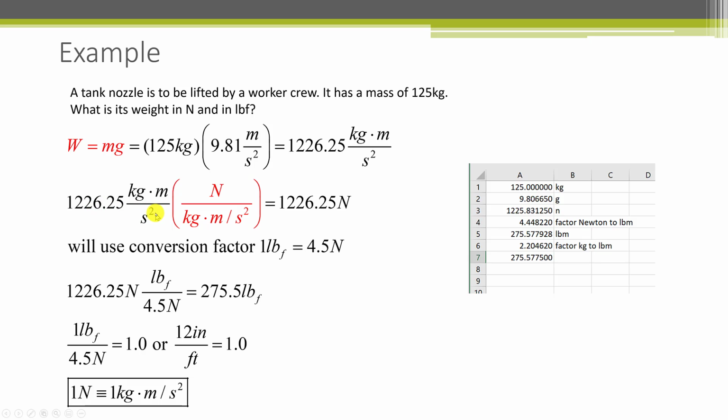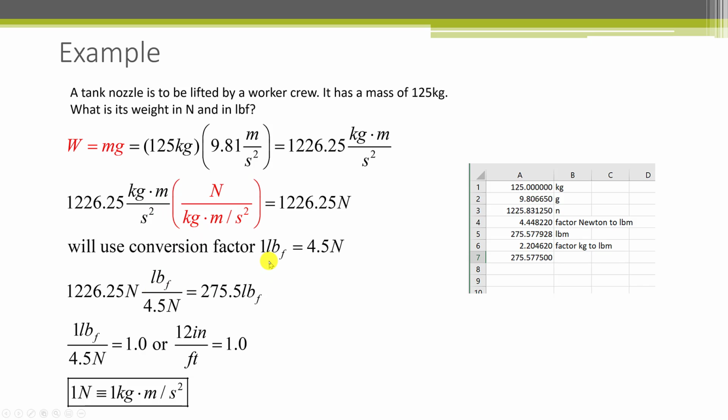This is to be converted to newtons, so we would take that conversion factor of newtons per kilogram meter per second squared, and you'll end up with newtons. Again, this seems overkill. You don't need to remember all this. You just have to know that 1 kilogram meter per second squared is a newton, so you can substitute that directly in for this quantity.